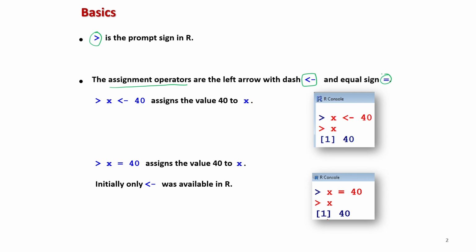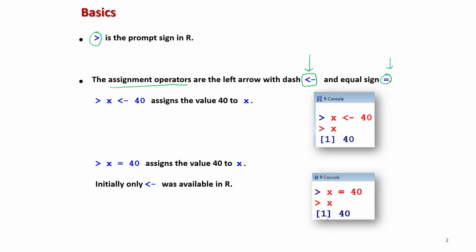The history of R software is like this: when R software was developed, in the beginning the operator less than hyphen was used as an assignment operator. Later on this equality sign was also introduced. So that is why you will see in many books at many places this less than hyphen sign, but please don't get confused.